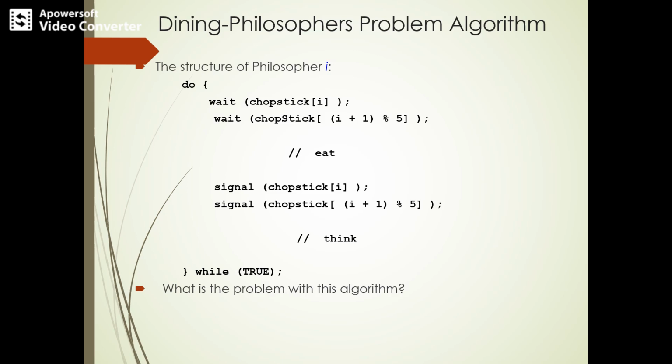This is implemented with a semaphore chopstick[i], where all the elements of chopstick are initialized to 1. We are presenting a solution: here we can see the structure for a philosopher, the wait to get the particular chopstick for that philosopher, and the other chopstick can be obtained only when the left-hand side has released the chopstick, chopstick[(i+1) mod 5].